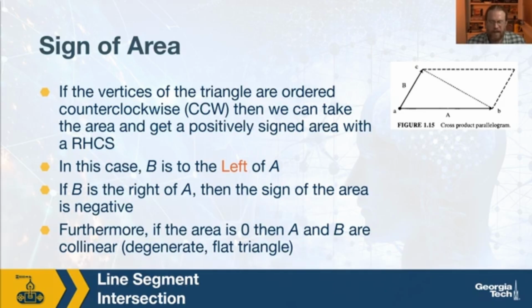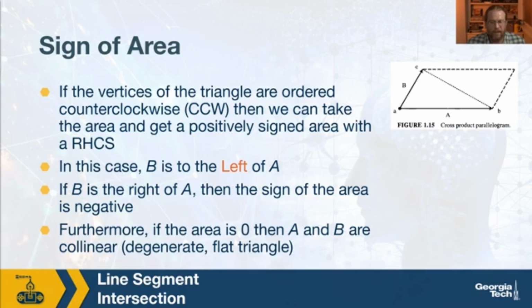So I keep mentioning the sign of the area. If we have the vertices of our triangle ordered in counterclockwise order, then we can take the area of the triangle according to the form that we've been showing, like the A cross product with B. Again, assuming that our vertices A, B, and C are in counterclockwise order, and we're talking about a right-hand coordinate system, then this cross product will always be positive for this particular triangle.